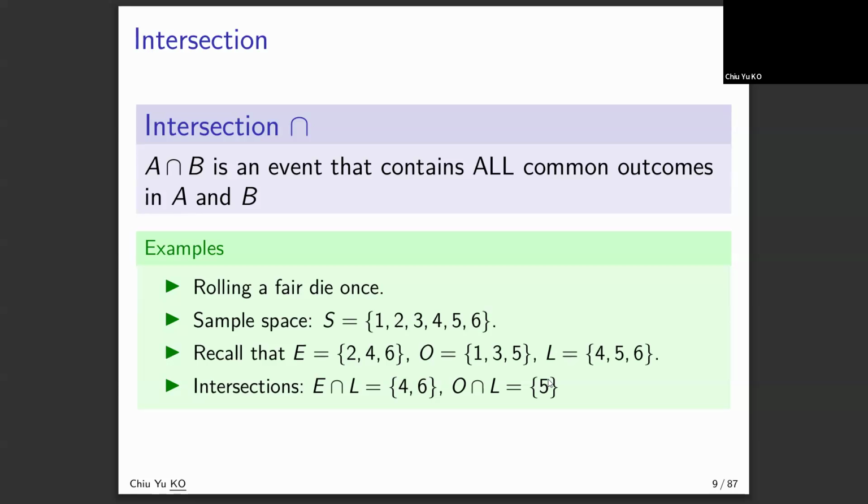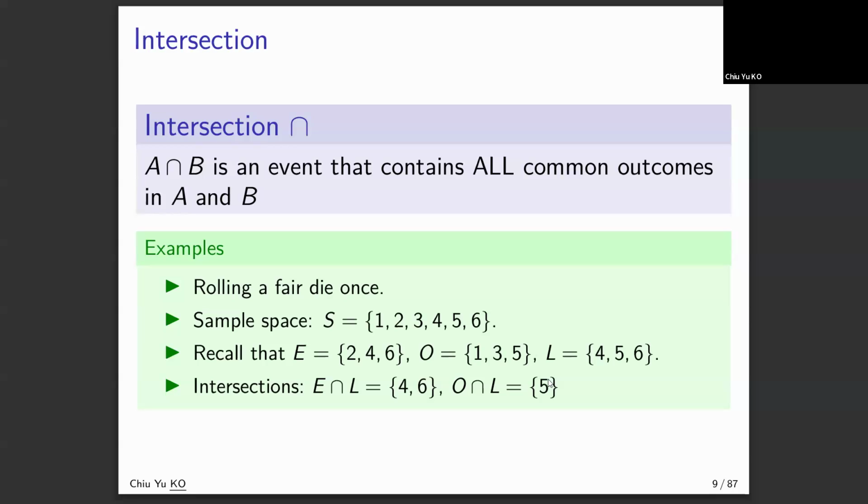Maybe an example will suffice to describe it. Take rolling a die again, 1 to 6. Event even is 2, 4, 6. Event large is 4, 5, 6. Event odd is 1, 3, 5. I want to create a new event, even intersect large. I want to look at outcomes that are both even and large.